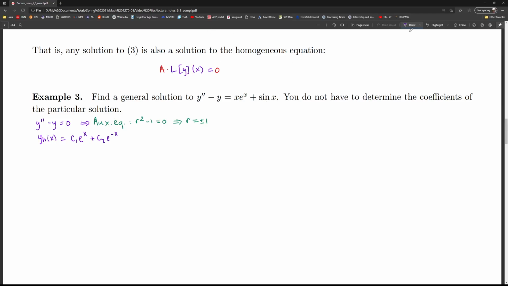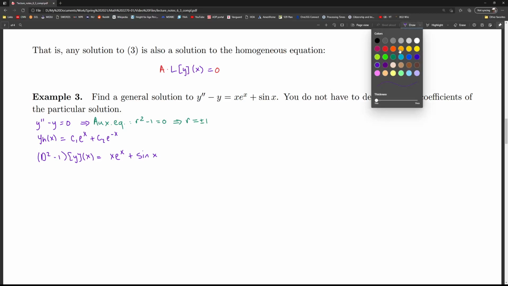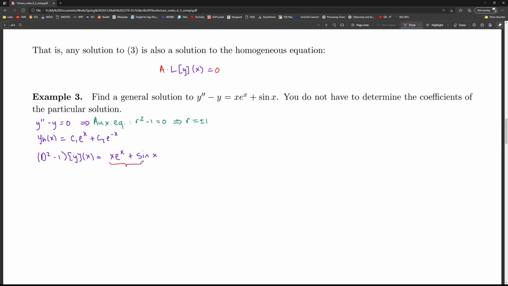Okay, now let's take another look at this differential equation, and I'm going to write it in operator notation. So I have D squared minus 1 applied to y of x equals x e to the power x plus sine of x. Now we need to take a look at the annihilator for this part. And the annihilator will be two parts, actually.